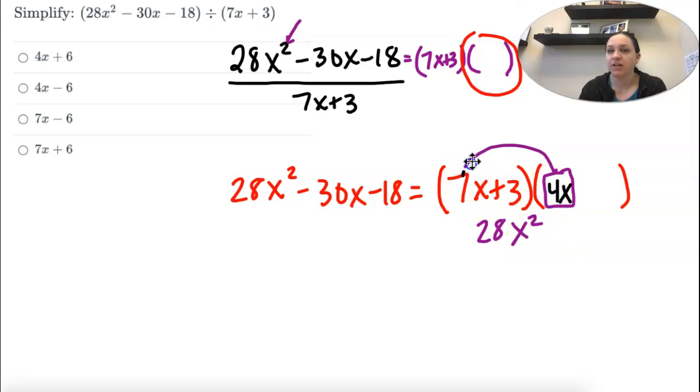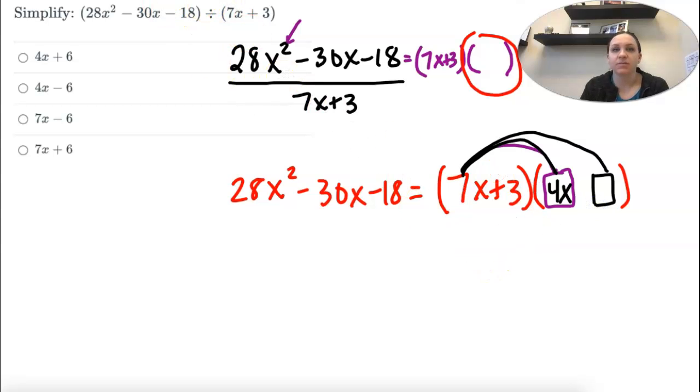See, so 7 times 4 is 28, x times x is x squared. And then we're going to multiply this right here, whatever this number is, we don't know. Let me rewrite this down here. So then we're going to be adding something else, but we don't know what it is.